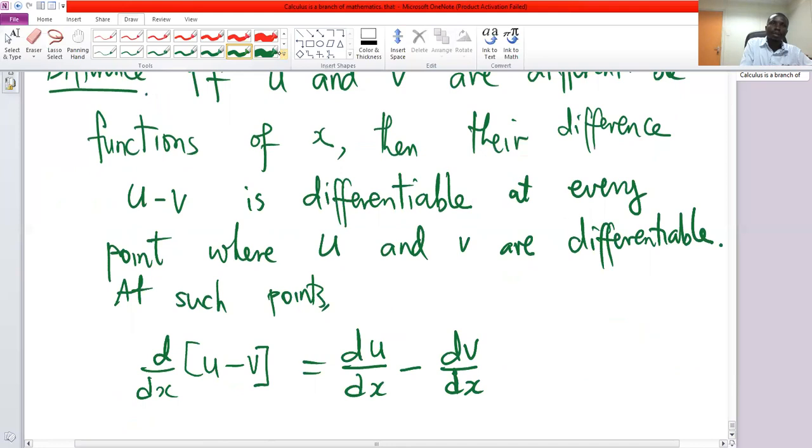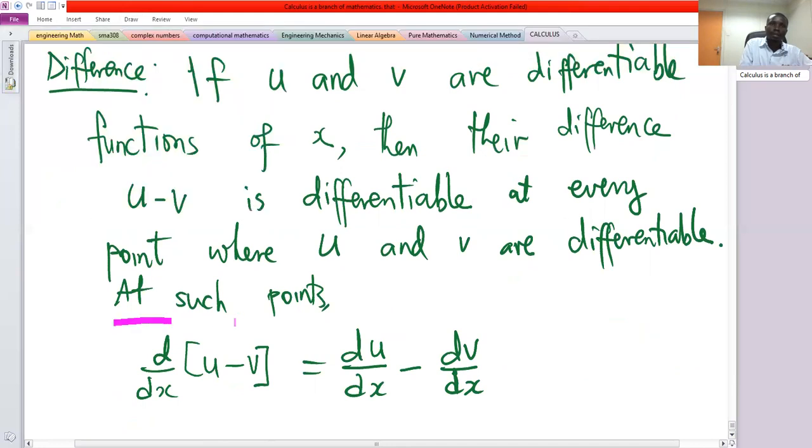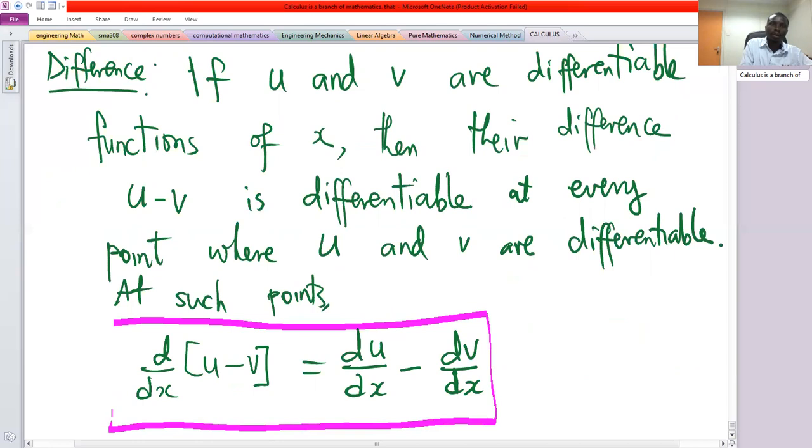So this is what we call the difference rule.